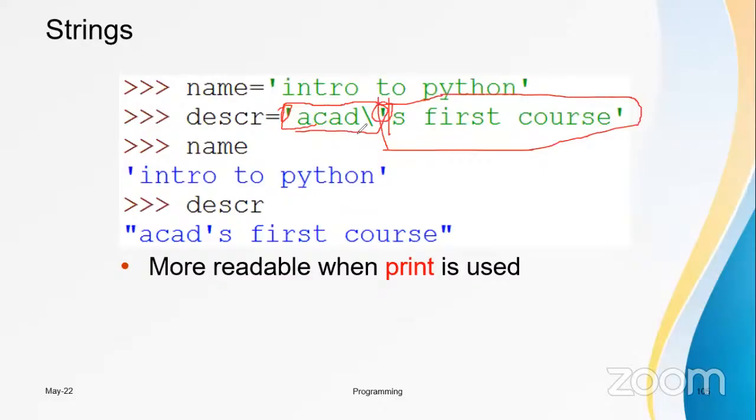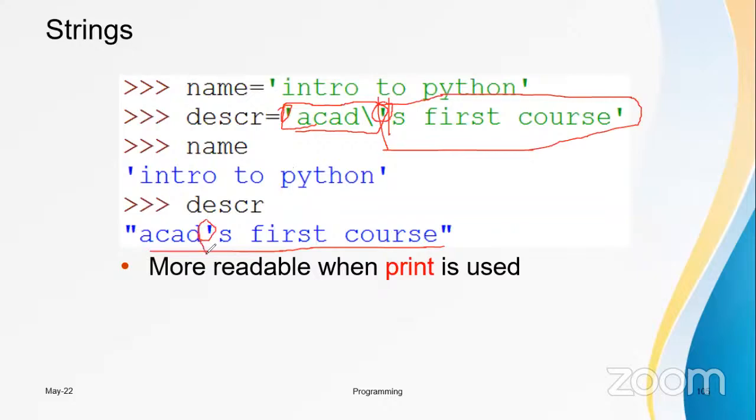But I don't want that to happen. I want the entire sentence to be one string. Unexpectedly, one single quote is there in between, and I don't want my compiler to read it.